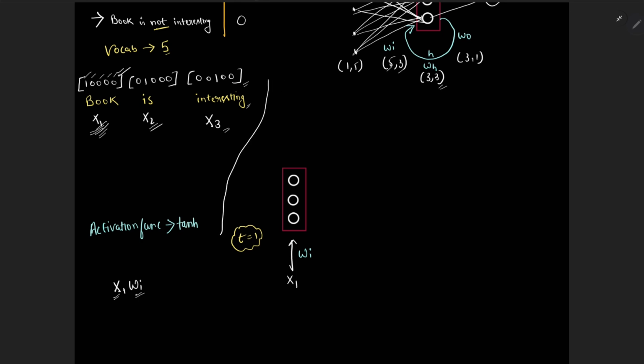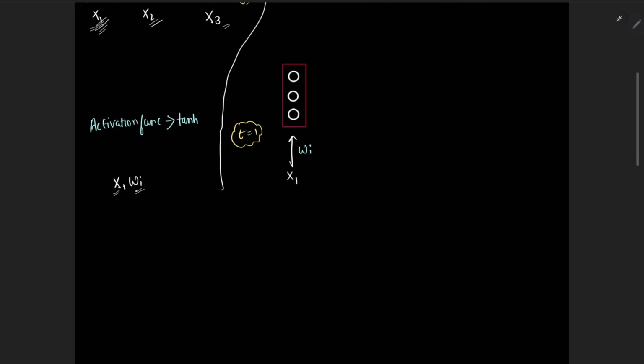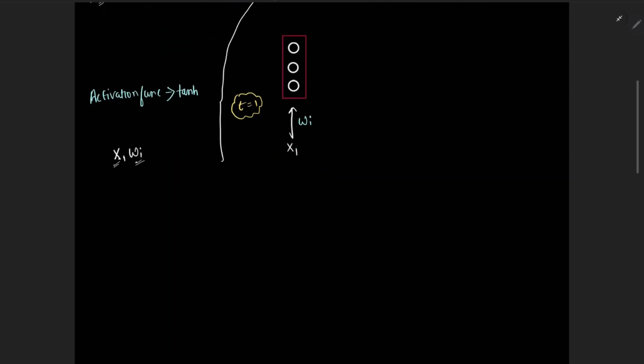That is, this input will get a function of tanh. So it will become something like this: tanh of x1 wi.